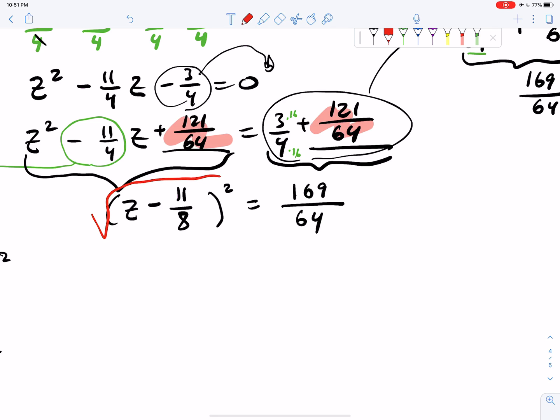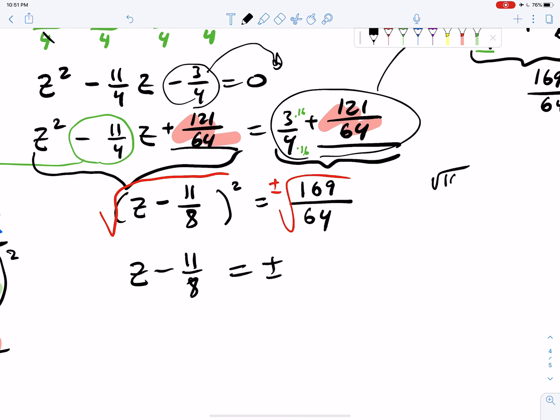I square root the left because I have a perfect square, and I square root the right. I don't forget my plus or minus. Now this gives me z minus 11/8 equals plus or minus the square root of 169 over the square root of 64.